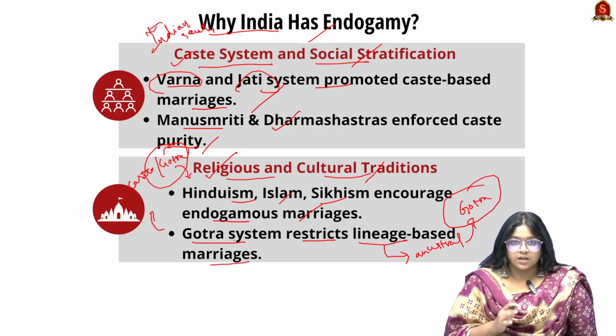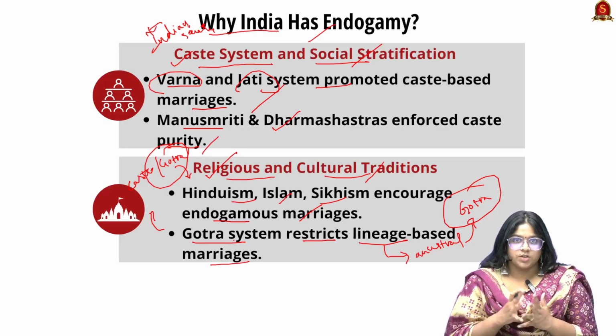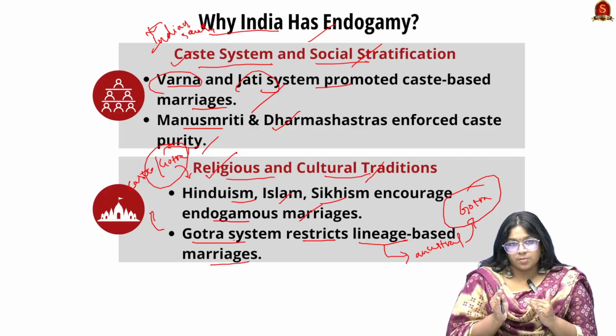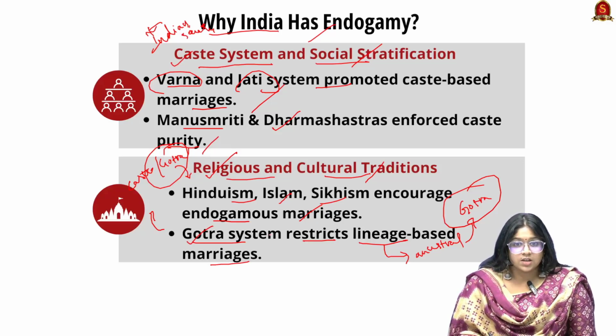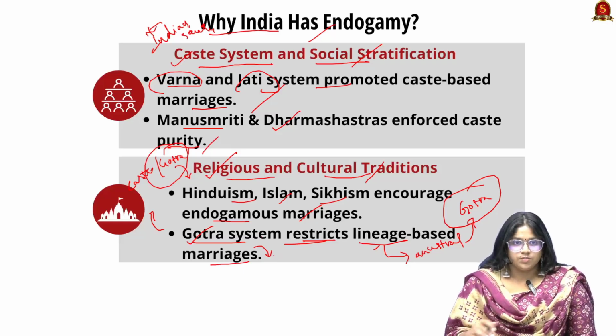There is a clear difference between marriages that happen in the caste system and in the Gotra system. The Gotra system restricts lineage based marriages, but endogamy is enhanced through the importance of caste preferences and other related factors.